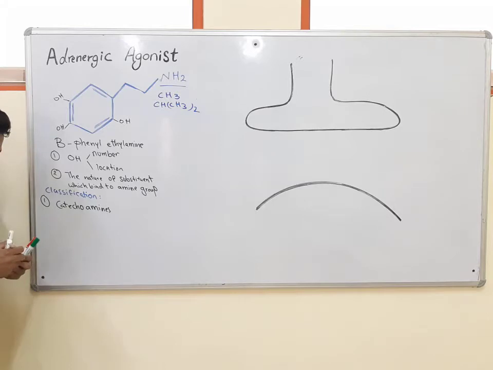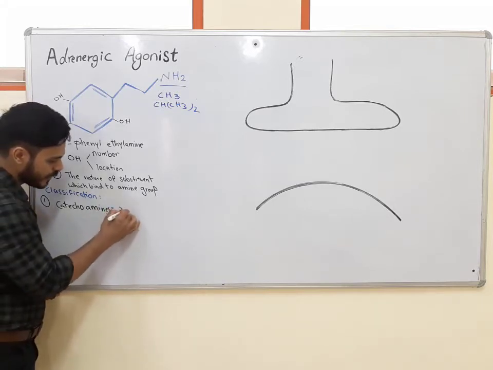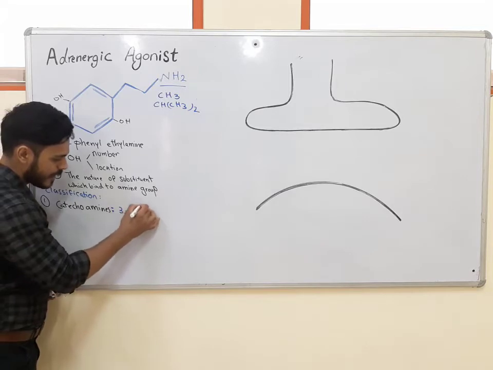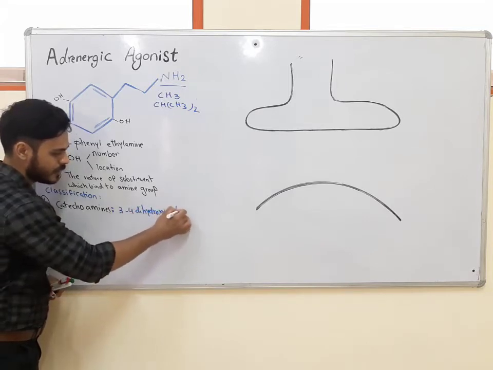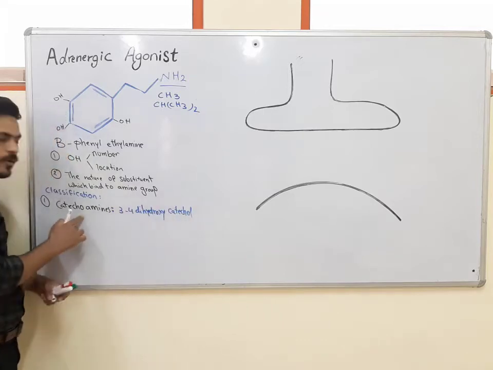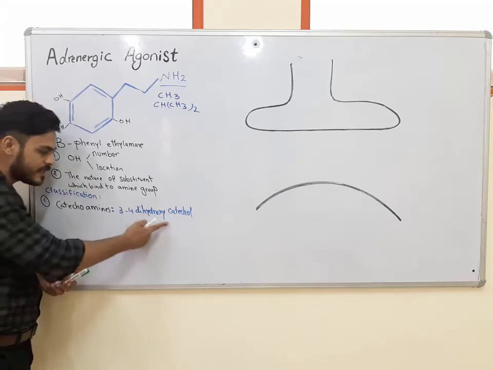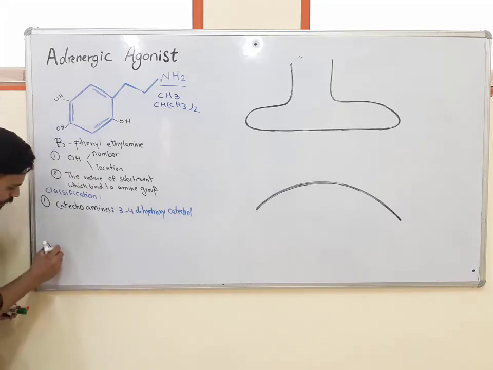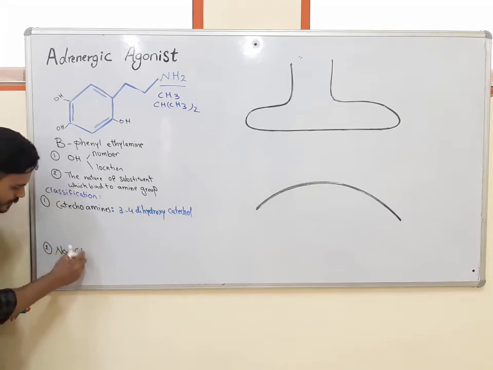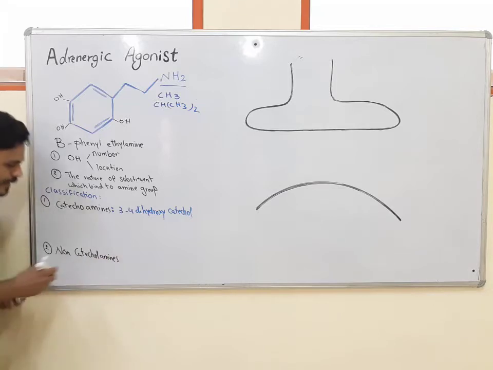If any adrenergic agonist has this 3,4-dihydroxycatechol group in its chemical structure, those are catecholamines. But if adrenergic agonists do not have this structure, those are non-catecholamines. This is about the classification.